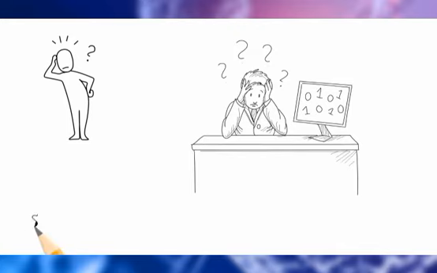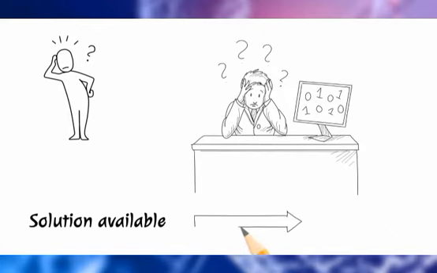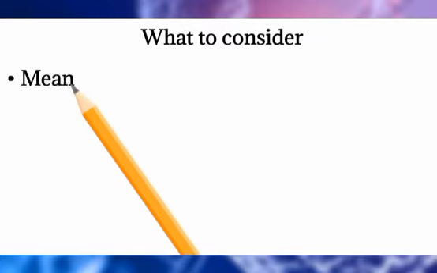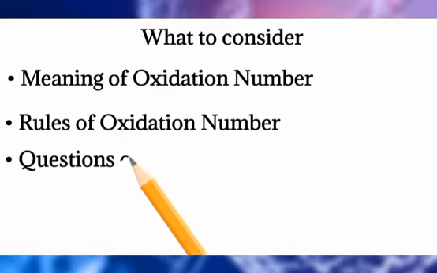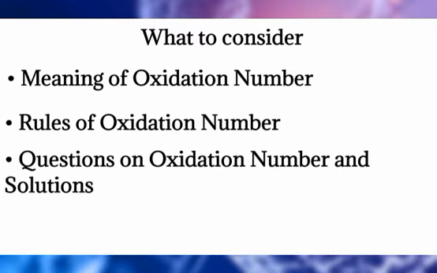This video has been designed to provide solutions to that because we'll be unleashing different tricks and rules guiding oxidation numbers. Now we are going to consider the meaning of oxidation numbers, the rules, as well as questions and answers.